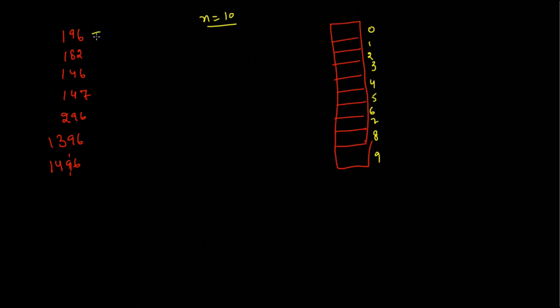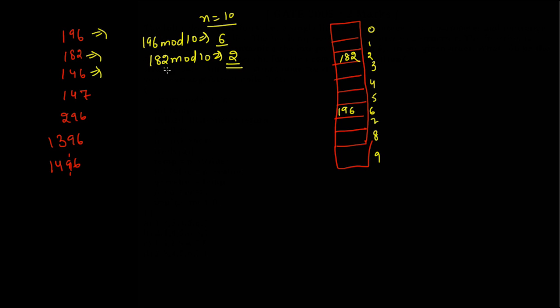So the first number is 196, and 196 mod 10 is going to give us the number which is 6, therefore this 196 will be stored at the index location 6. Okay, the next number is 182. So if we do 182 mod 10, then this is going to give us the number which is 2, therefore we are going to store 182 at the second index location.